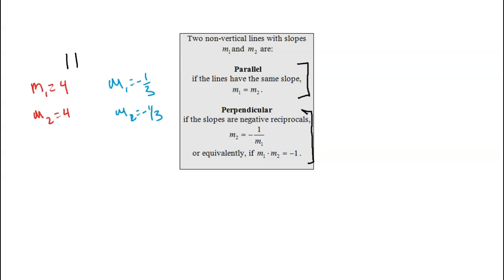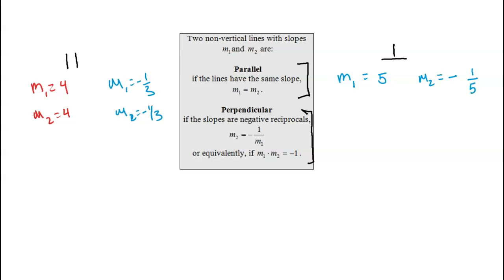For perpendicular, what does it mean to be a negative reciprocal? You start with your first slope, and let's just say our first slope is 5. For a negative reciprocal, you take the opposite, so the opposite of a positive number is a negative number, and then a reciprocal just means I'm going to flip the number around.